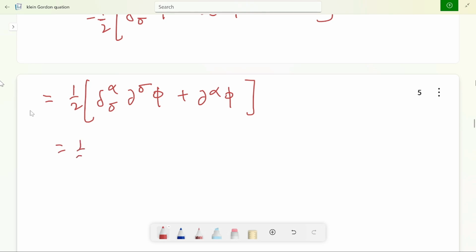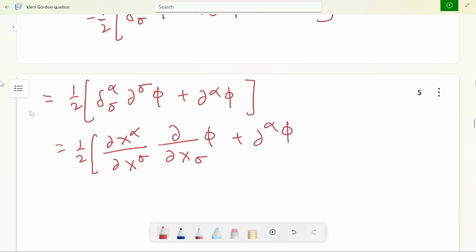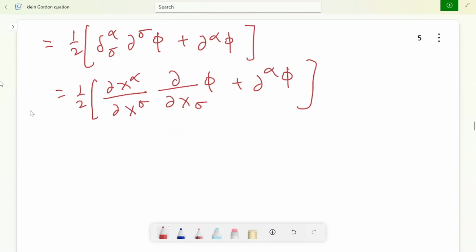Now if we simplify things further, we should write the Kronecker delta in its actual form. It is going to be dx alpha by dx sigma, which is acting on d sigma phi, plus d alpha phi, right? Now notice again that this derivative is going to be 1 if alpha is equal to sigma, and it is going to be 0 if alpha is not equal to sigma.